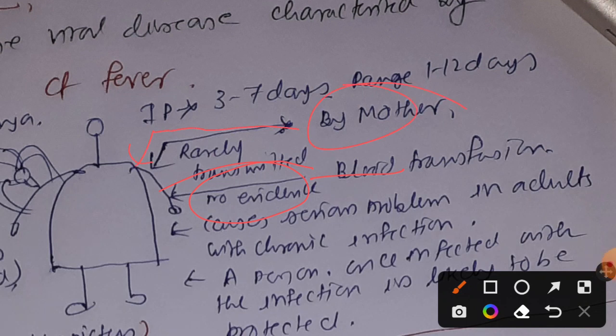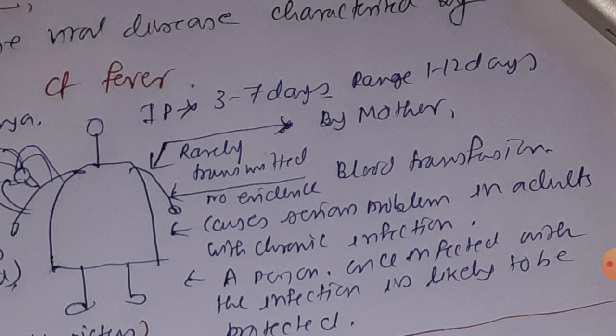It can rarely be transmitted from mother to newborn. So there are 3 transmission routes. One is transmission by the female Aedes aegypti and Aedes albopictus mosquito. Another is by the mother, which is rarely observed, and another is blood transfusion, which is possible but not recorded to date.